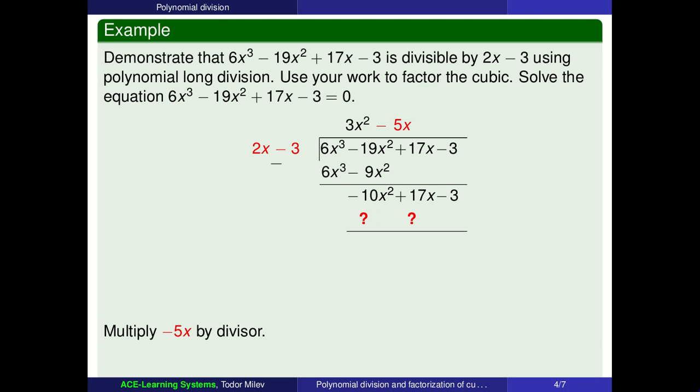The result is minus 10x squared plus 15x. So once again, why do we get plus 15x? Because minus 5x times minus 3 equals minus times minus is plus, so that equals plus 15x.